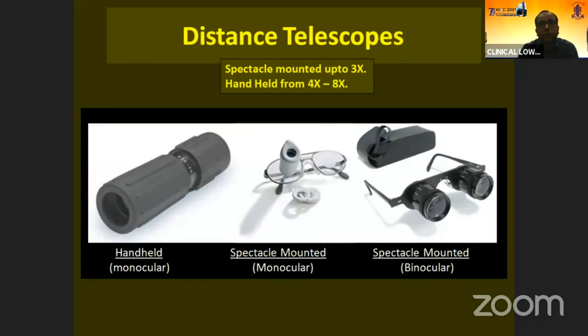Distance telescopes can be handheld or spectacle mounted. Handheld ones are usually monocular, and spectacle mounted ones can be monocular or binocular. Spectacle mounted can be in the range of 2 to 8x.